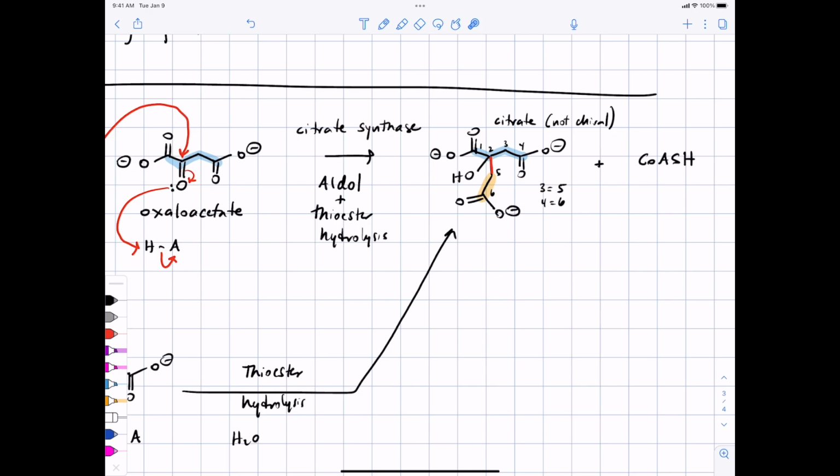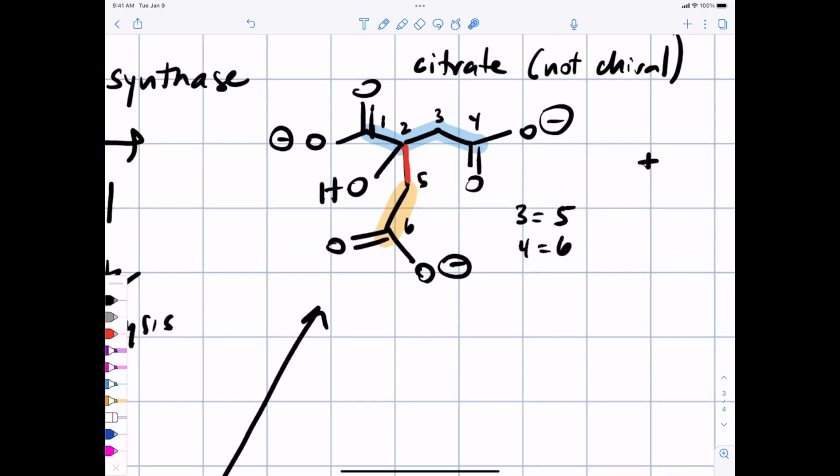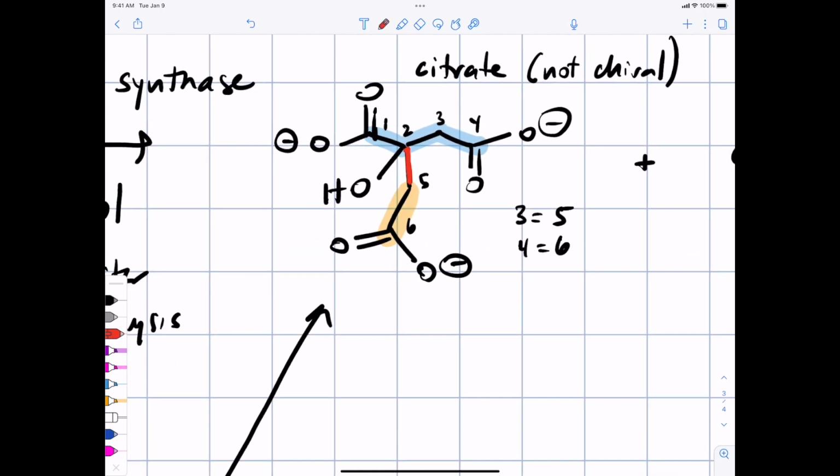Okay. Now, remember, our goal is to generate an alpha keto acid or a beta keto acid. Problem with citrate, let's pay attention to where our carboxylic acids are. We've got 3 of them. Right now, we've got an oxygen that's alpha to 1 carboxylic acid, but it's on a tertiary carbon. You can't oxidize that to a ketone, right?